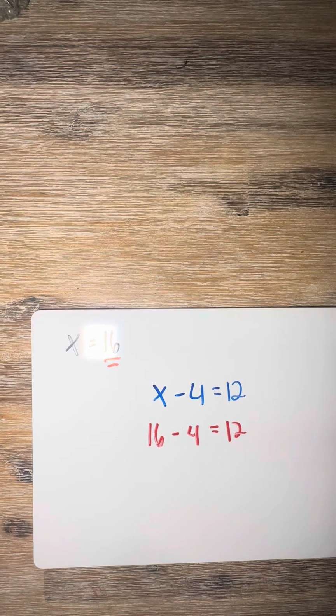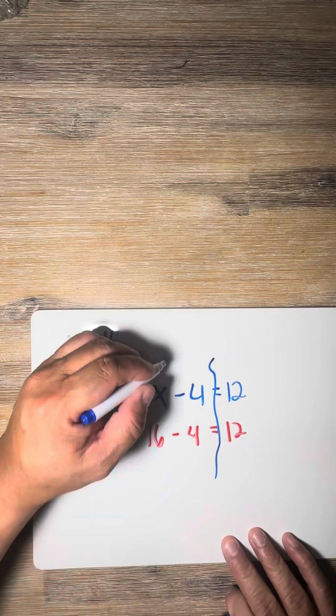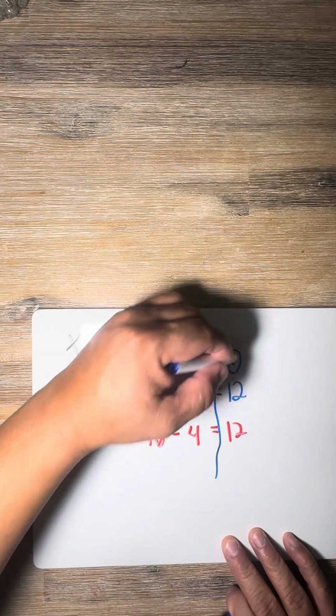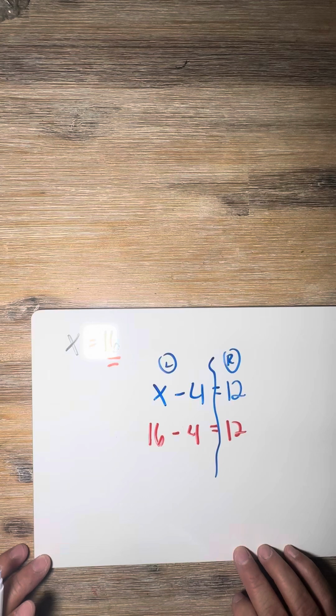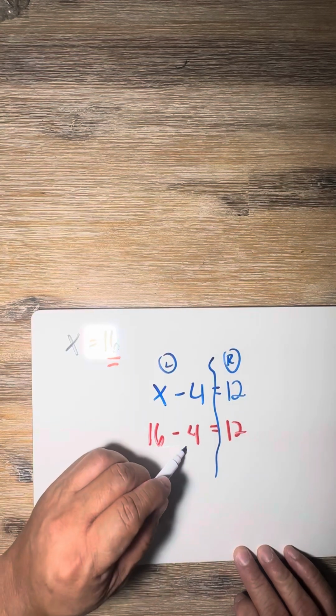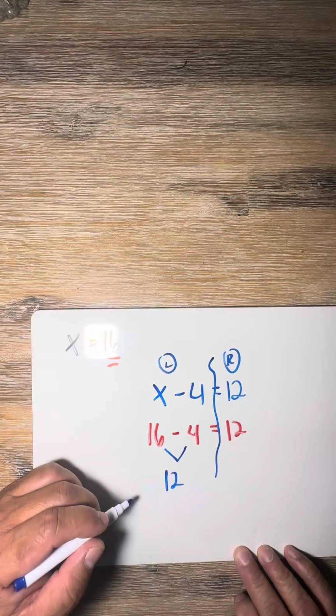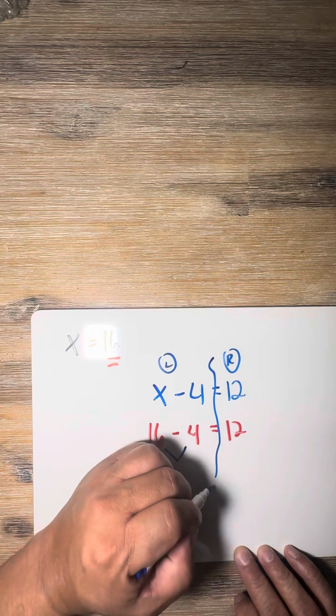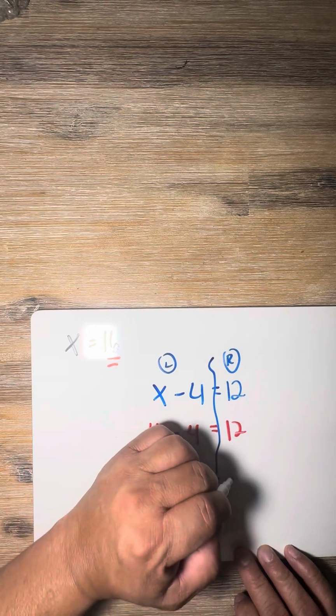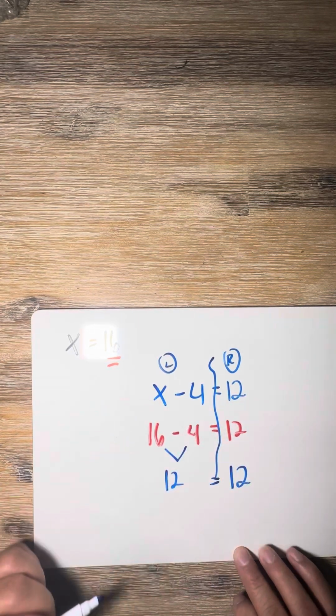So this is still the left and right side of the equation, just like that, all right? What is 16 minus 4? So 16 minus 4 ends up being 12. Now bring down the equal sign and bring down the value on the right side.